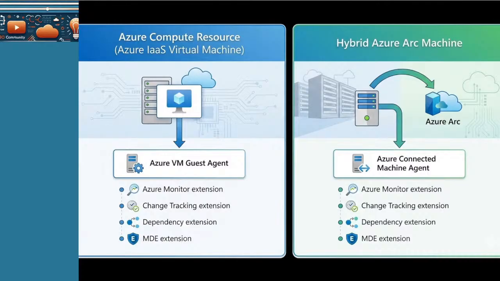Sometimes, because we are using Group Policy for the onboarding process, I've seen some customers trying to install this agent on Azure Virtual Machines. So I put this slide just to clarify that an Azure Virtual Machine has this agent by default already available. This onboarding for the Azure Arc Connected Machine Agent is purely and exclusively for your on-premise virtual machines. So this is a very fundamental concept.